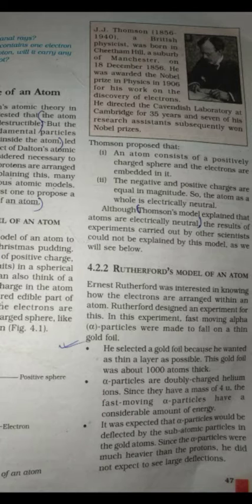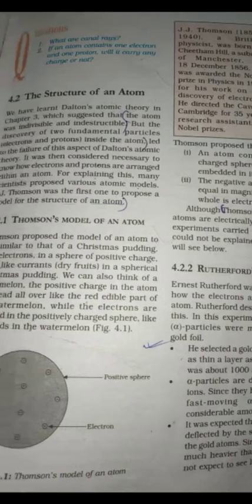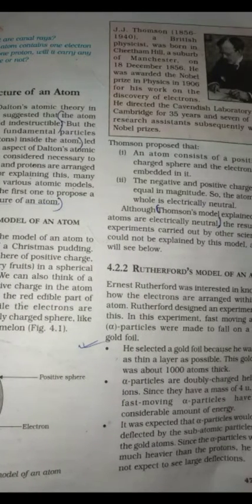Then after that comes the Rutherford model of atom. Thomson explained that atoms are electrically neutral, but his structure of atom was not accepted. Why was it not accepted completely by all the scientists?